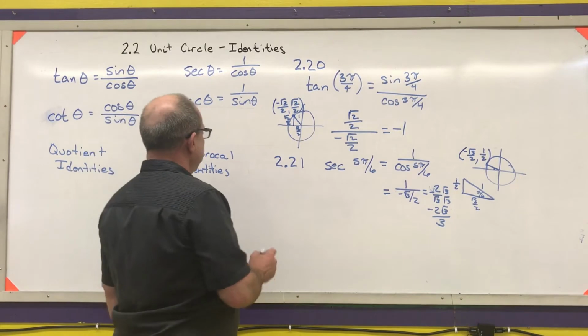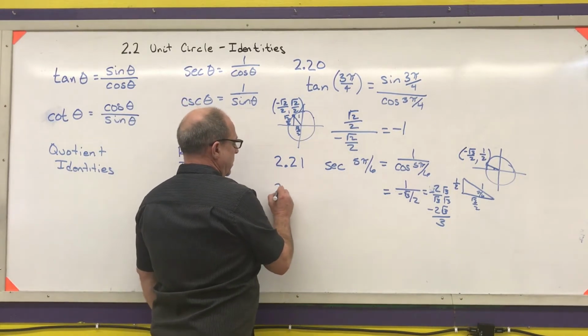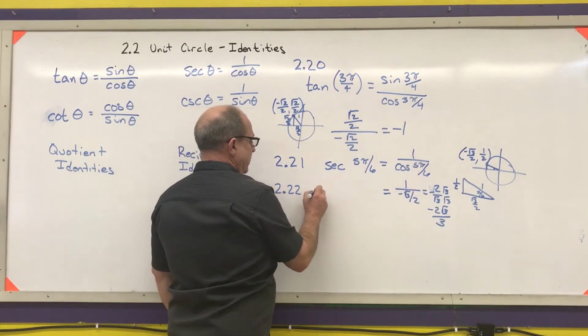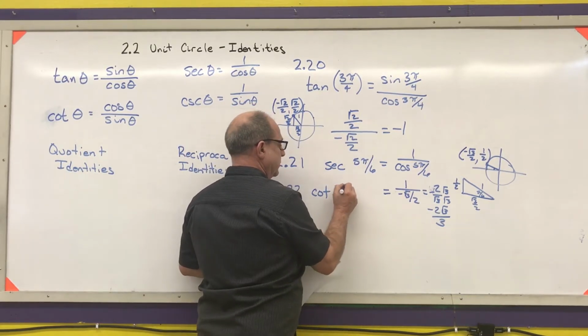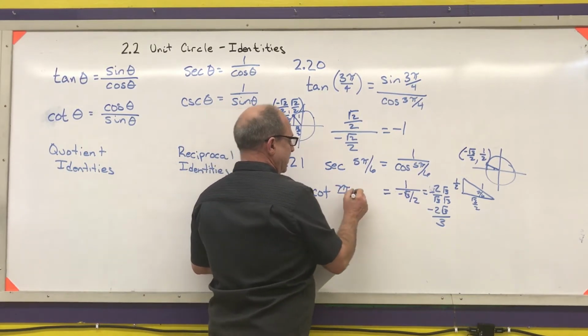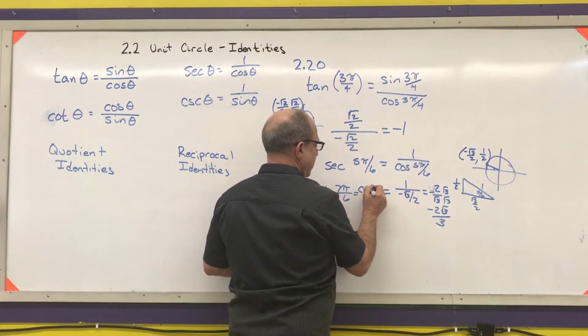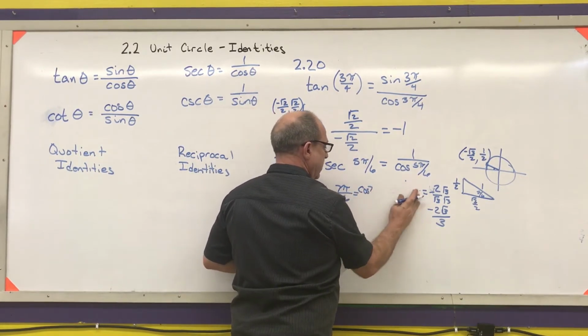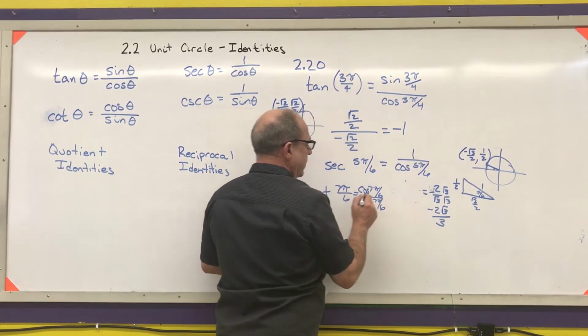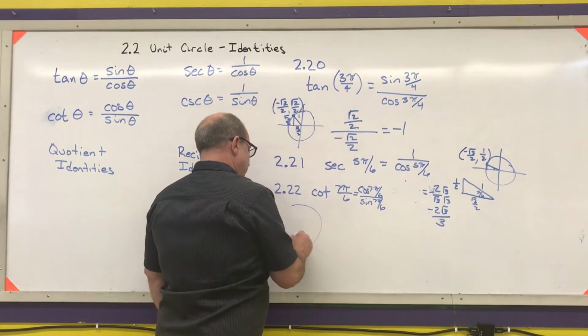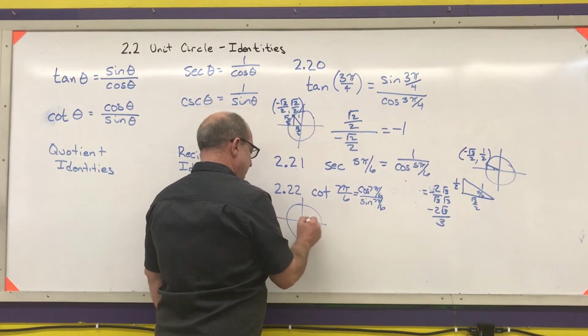Example 222. I want to find the cotangent of 7 pi 6, and that is equal to cosine of 7 pi 6 over the sine of 7 pi 6. Again, draw myself a quick little unit circle. Halfway around is 6 pi 6, so I'm going to go a little bit more.